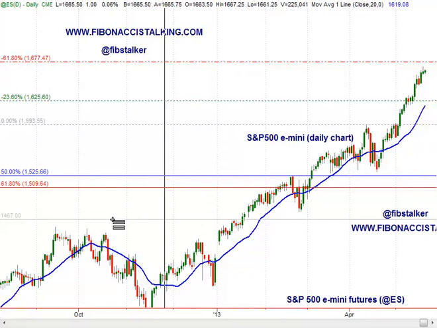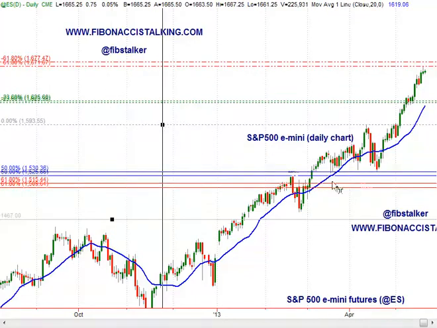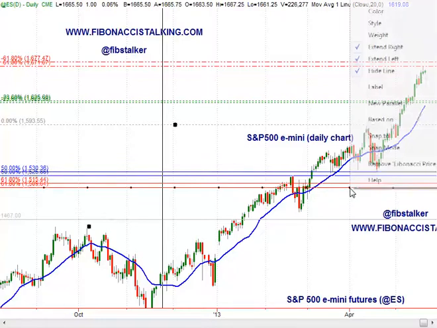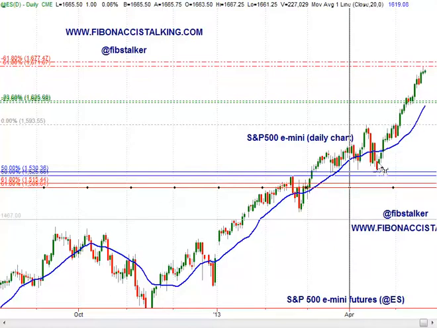So by tracing from this level, and you can check this on TOS as well, as we can see, the low was in the 1530 level, and that's what I had to use here in the past. I didn't use that. I used the 1525. So those who follow me did not get a precise entry here.